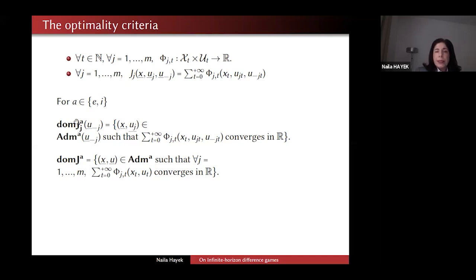This is why I will define the domain relative to strategies u minus j to be the set of all the admissible processes, state and strategy of j, such that the infinite series converges given u minus j. And the domain, when I don't specify that I want to talk about all the strategies of the players, will be the set of all the state and strategies of all the players which are admissible and for which the infinite series converges. Okay?